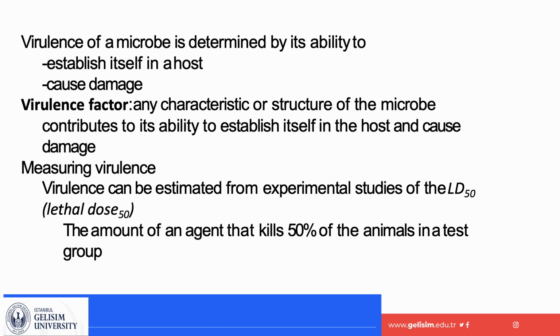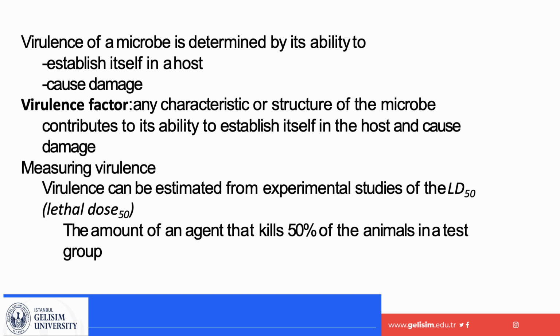The virulence of a microbe is determined by its ability to establish itself in a host and cause damage. Virulence factors are any characteristics or structures of the microbe that contribute to its ability to do so.